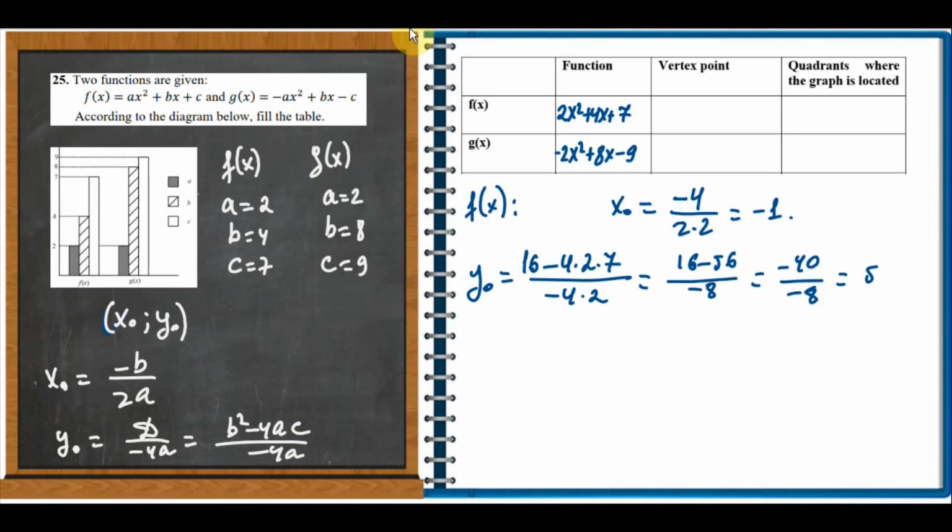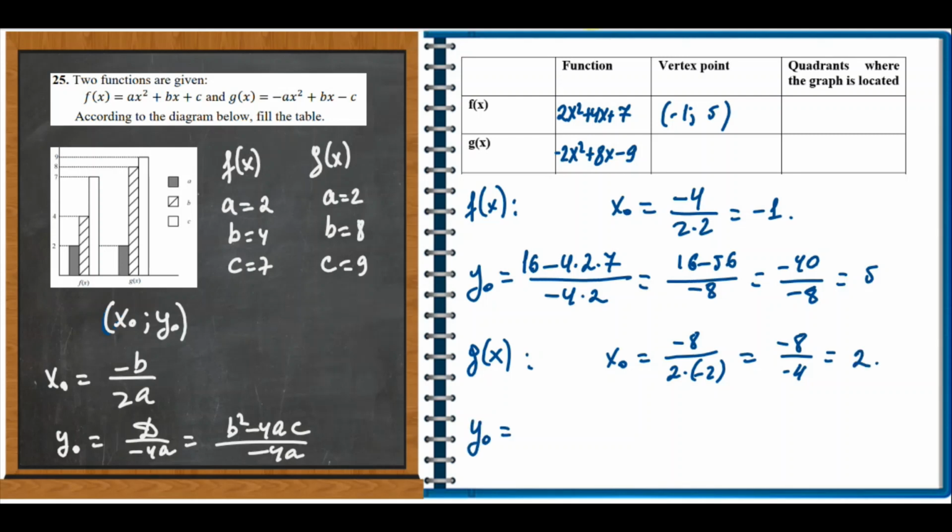For gx, x0 is going to be negative 8 over 2 times negative 2, which is negative 8 over negative 4, that's just 2. Y0 will be 8 squared minus 4 times negative 2 times negative 9 over negative 4 times negative 2.